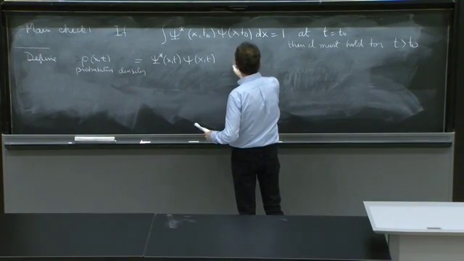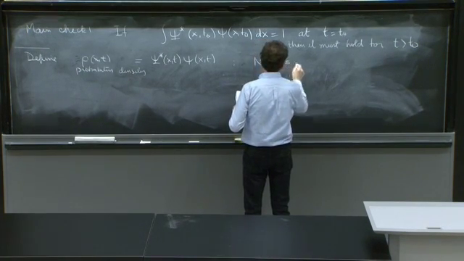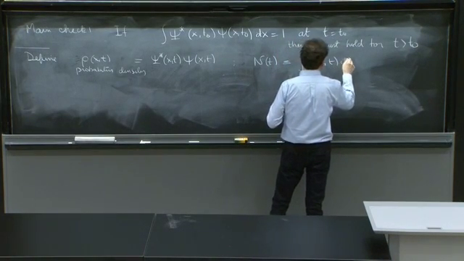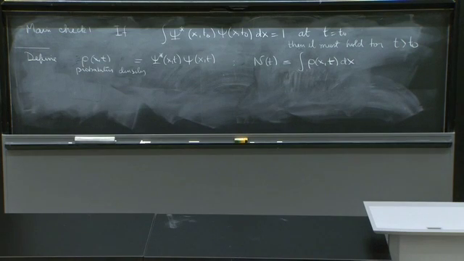So define next N of t to be the integral of rho of x and t dx. Integrate this probability density throughout space. And that's going to give you N of t.